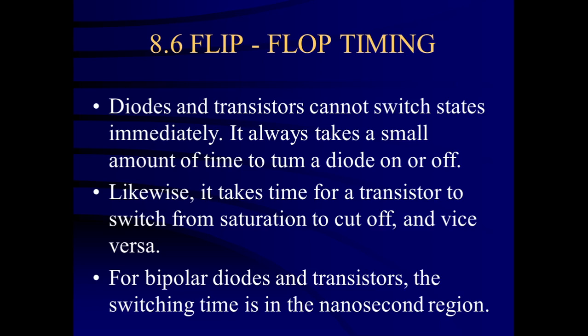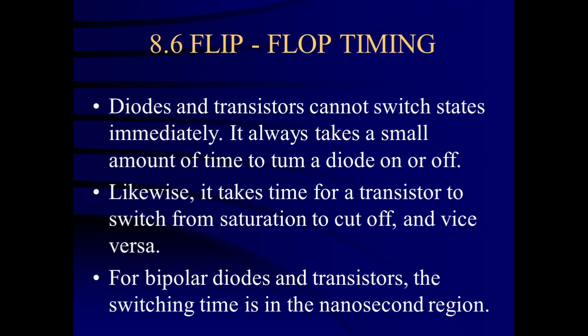It always takes a small amount of time to turn a diode on or off. Likewise, it takes a time for a transistor to switch from saturation to cutoff and vice versa. So you know that a diode, when it is forward biased, starts conducting.